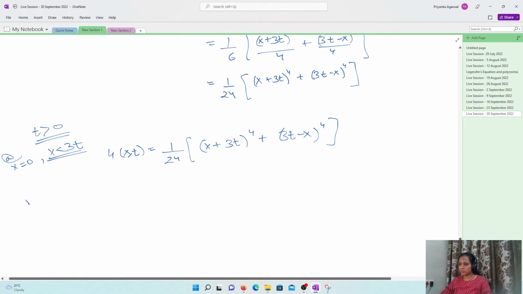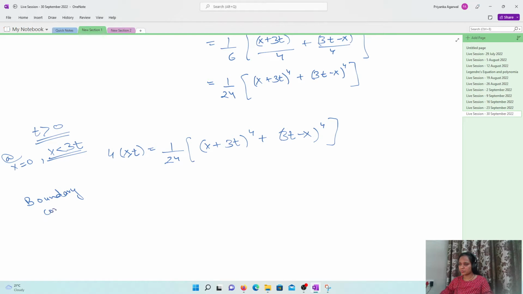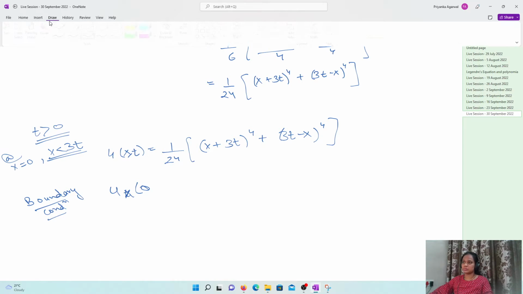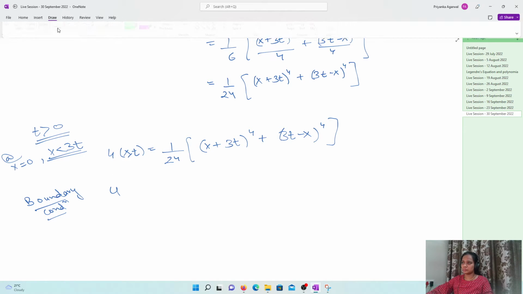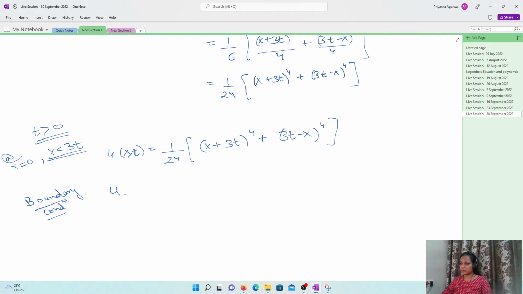So boundary condition, what we have is ux at 0 comma t is equal to 0.